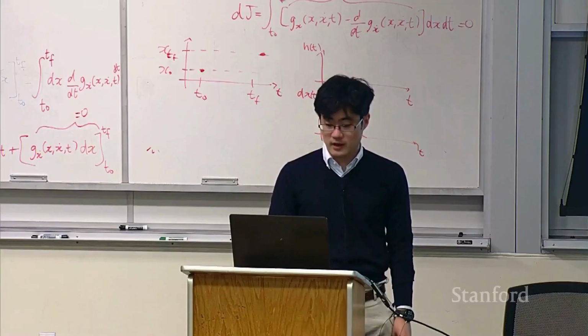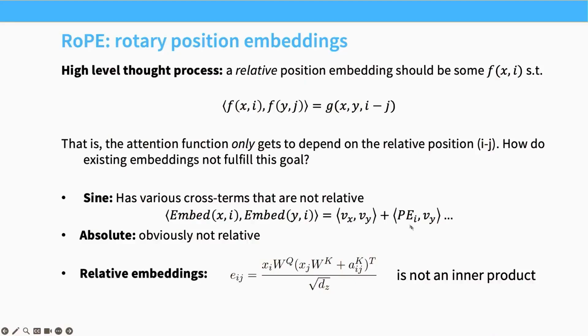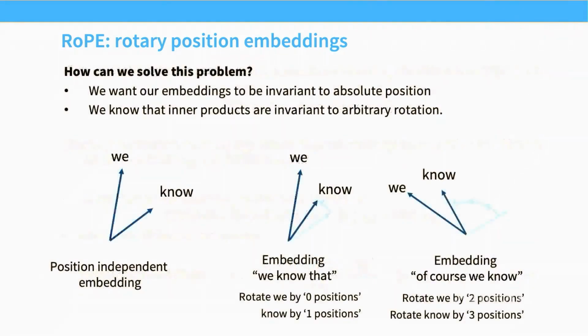So if you look at the sine and cosine embeddings, then you'll not only get the original vectors, you'll get these weird cross terms between the position embeddings and the word embeddings themselves, and so on and so forth. And then you can back out what the absolute position is. So even sine and cosine embeddings are not pure relative position embeddings. You have to accept the premise that the relative embedding is what you want. But once you do, you end up at the RoPE solution somewhat naturally.